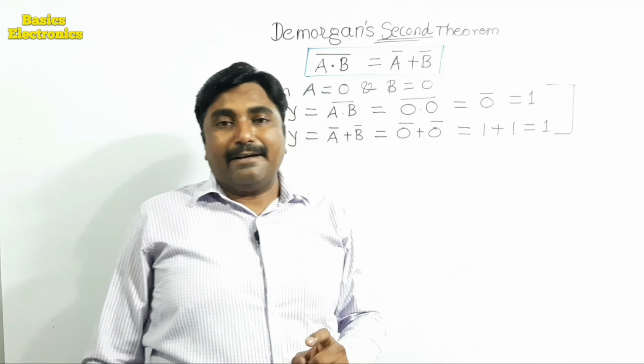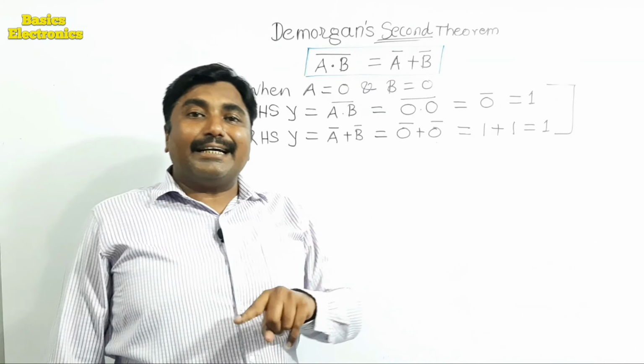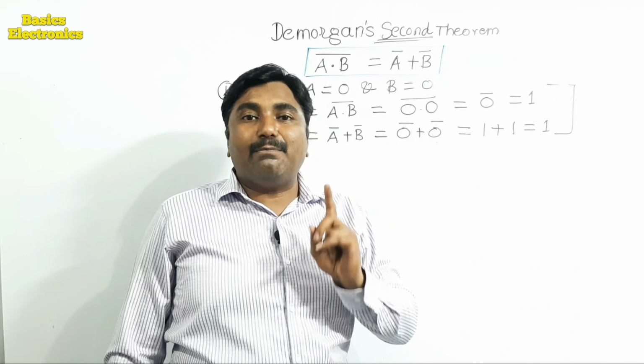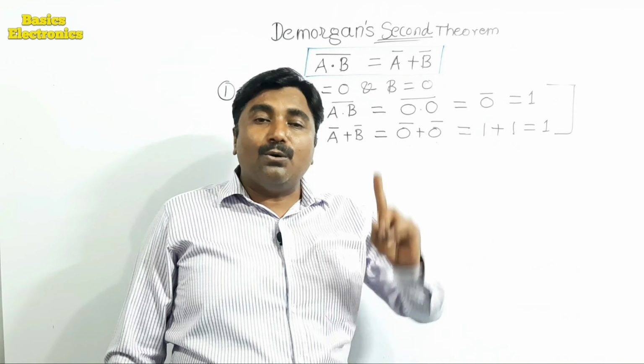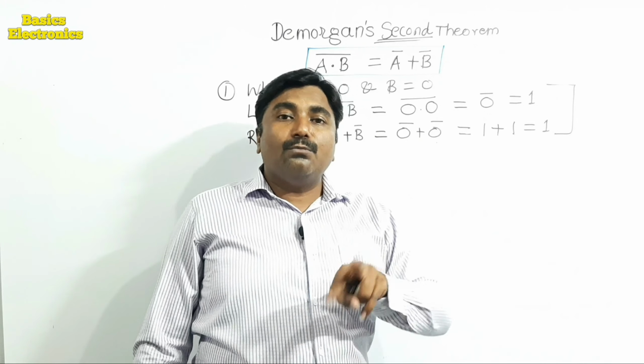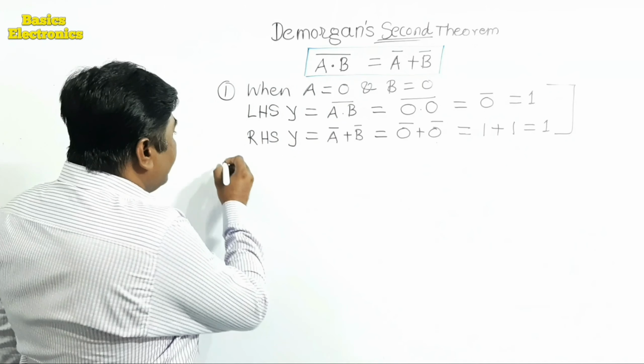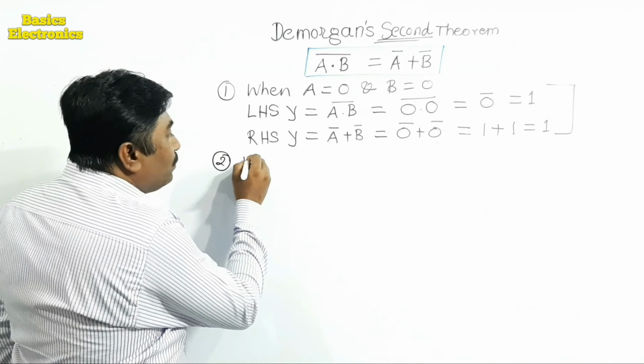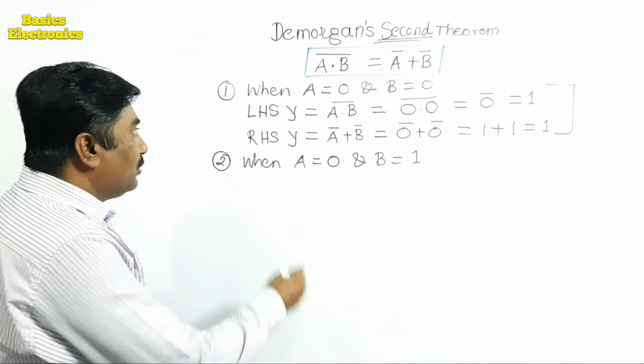Hence, we can say the left hand side is equal to the right hand side when we apply A equals 0 and B equals 0. We use the second combination. The second combination is when A equals 0 and B equals 1.